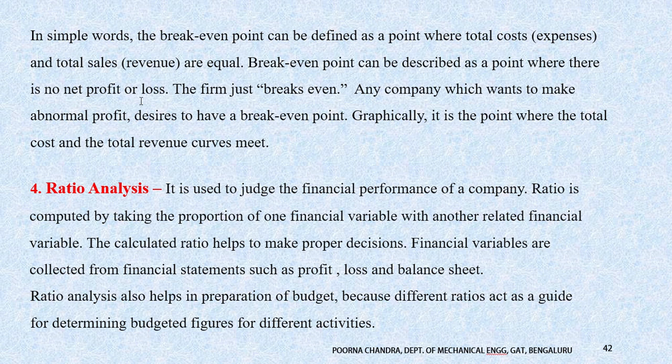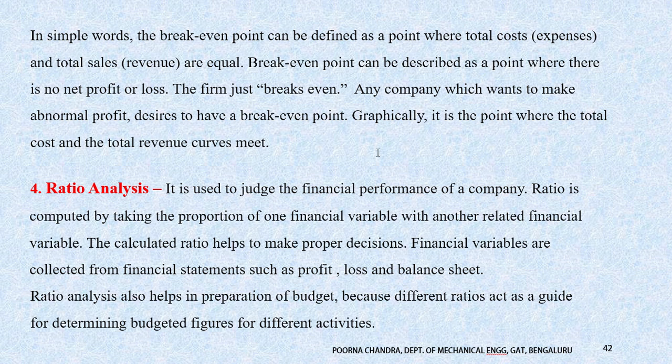So at the break-even point, the company will not get any profit or any loss. The firm just breaks even. Any company which wants to make abnormal profit desires to have a break-even point. Graphically, it is the point where the total cost and total revenue curves meet.